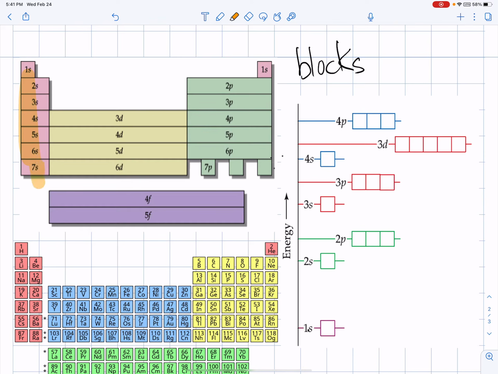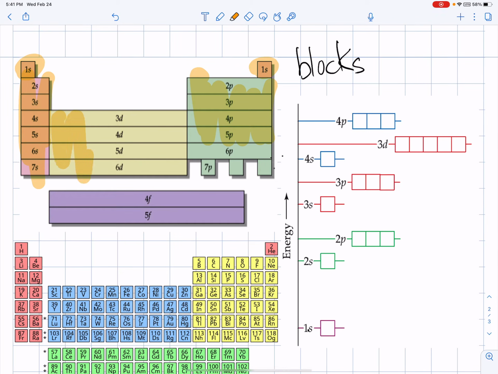The first 2 columns of the periodic table, the alkali metals and the alkaline earth metals, grade 11 chemistry, as well as hydrogen and helium, those are referred to as the S block of the periodic table. The last 6 columns on the periodic table, what's green here in this diagram, those are referred to as the P block of the periodic table.